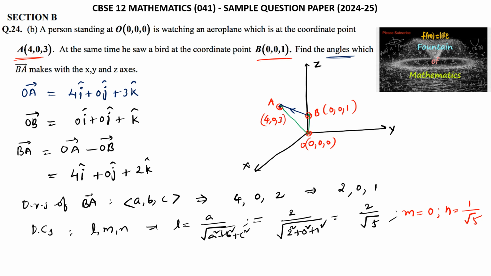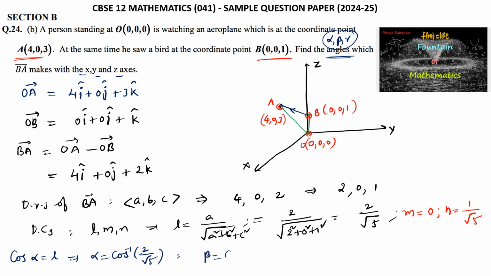And we know that if alpha, beta and gamma are the angles, so let us consider alpha, beta and gamma are the angles with respect to x-axis, y-axis and z-axis. So cos alpha can be taken as l, which implies alpha is equal to cos inverse of l. l is nothing but 2 by root 5.